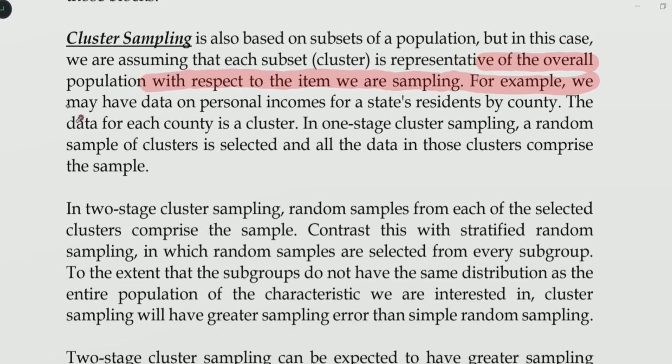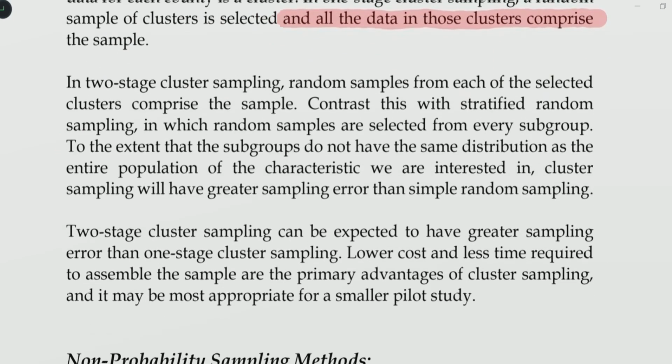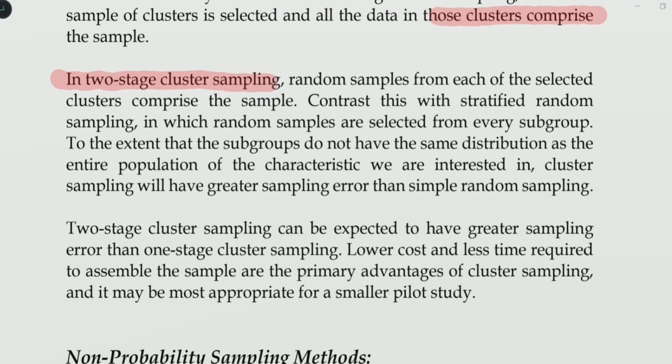For example, we may have data on incomes for a state's residents by county. The data for each county is a cluster. In one-stage cluster sampling, a random sample of clusters is selected and all the data in those clusters comprise the sample. In two-stage cluster sampling, random samples from each of the selected clusters comprise the sample.